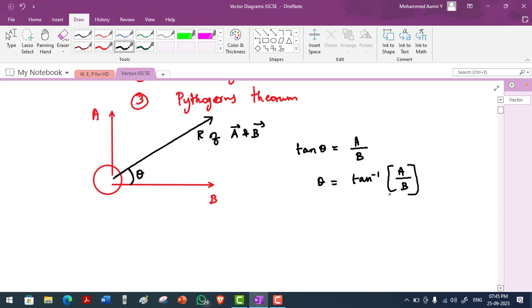Now what is the triangle method? Let's say we have a force A here, so I am just copy and pasting that. Then force B, again I am copy and pasting. The head of the first vector should meet the tail of the second vector, or the tail of the second vector should meet the head of the first vector.